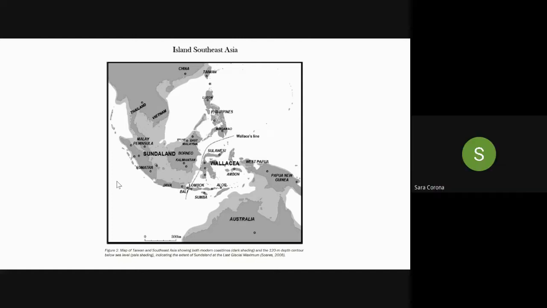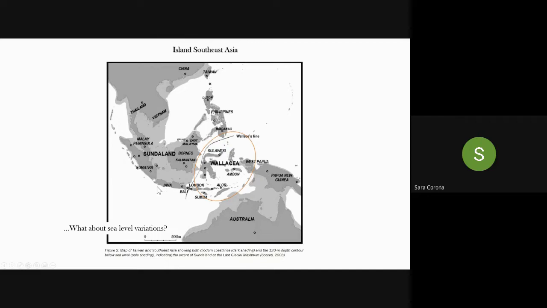On the opposite side, the Sahul Shelf is formed by the islands of Australia, Papua New Guinea, and Tasmania. The part in the middle, which we call Wallacea, is characterized by an archipelago of islands which were never linked with the mainland.